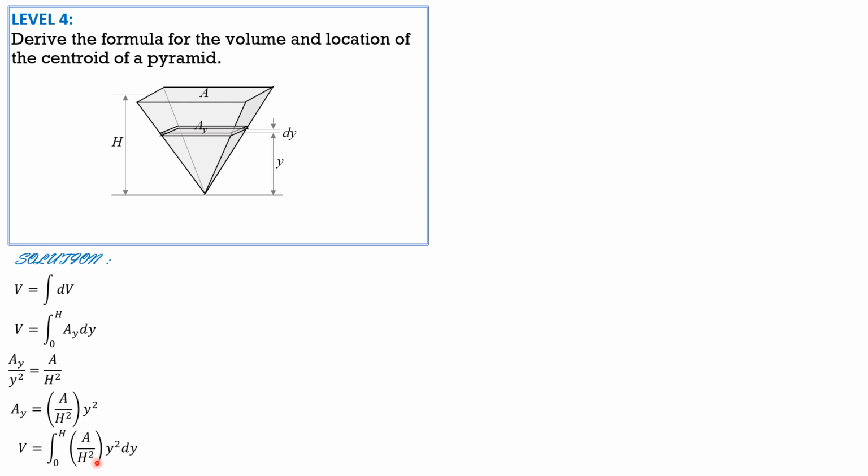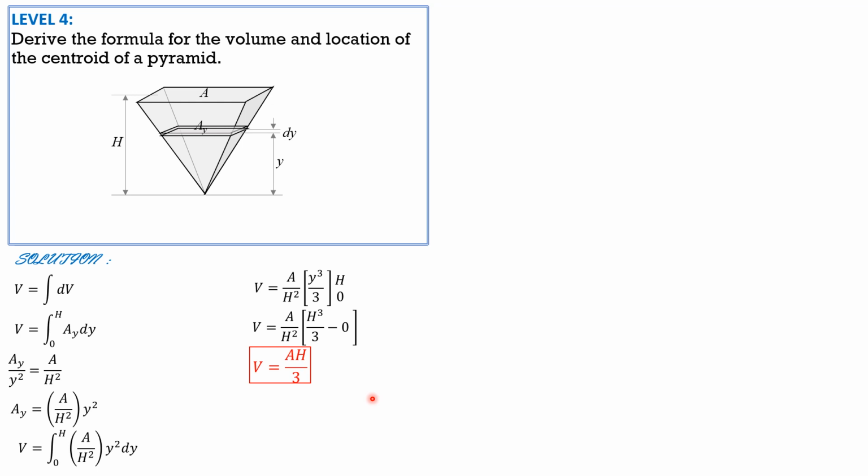Area over H square is constant, and the integral of y square dy is y cube over 3, from 0 to big H. So therefore volume is area over H square times area cube H cube over 3, minus the lower limit 0. Therefore volume is area times H over 3.